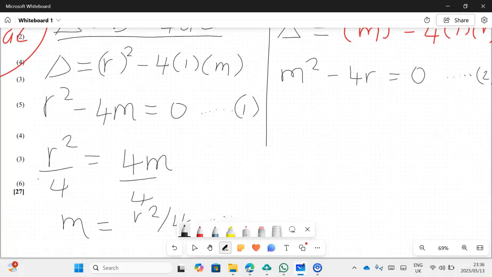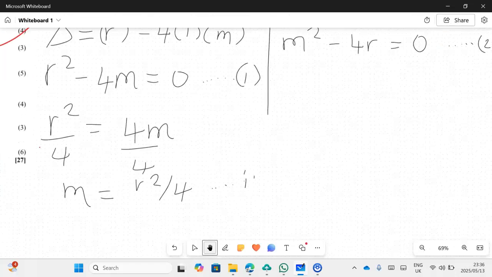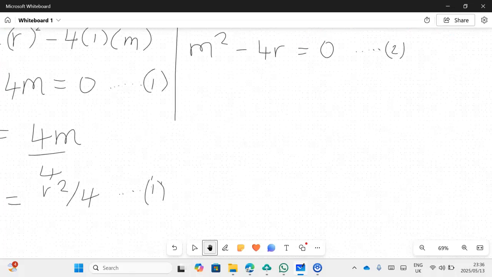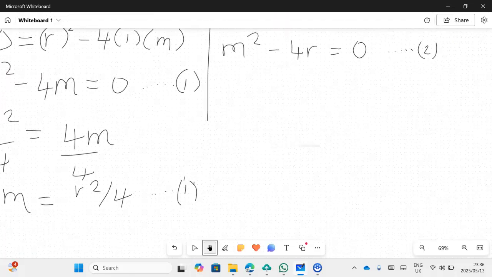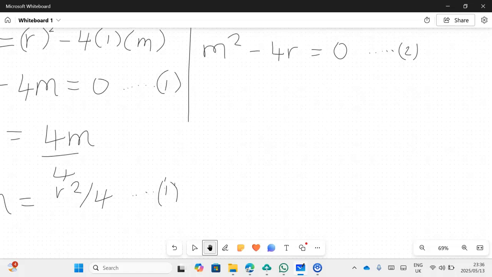So this is still equation number 1. And then we are going to substitute. Please don't forget that m is equal to r squared over 4. Wherever I see m, I'm going to put r squared over 4.